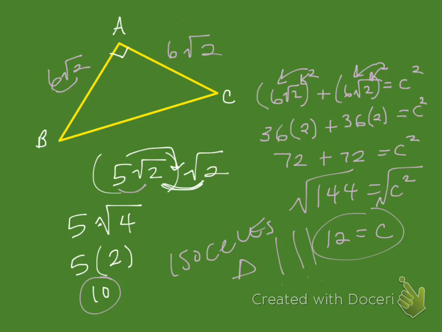All right, so just a quick recap of that one. You know that the hypotenuse, if I can spell right, is equal to the leg times the square root of 2. Okay?